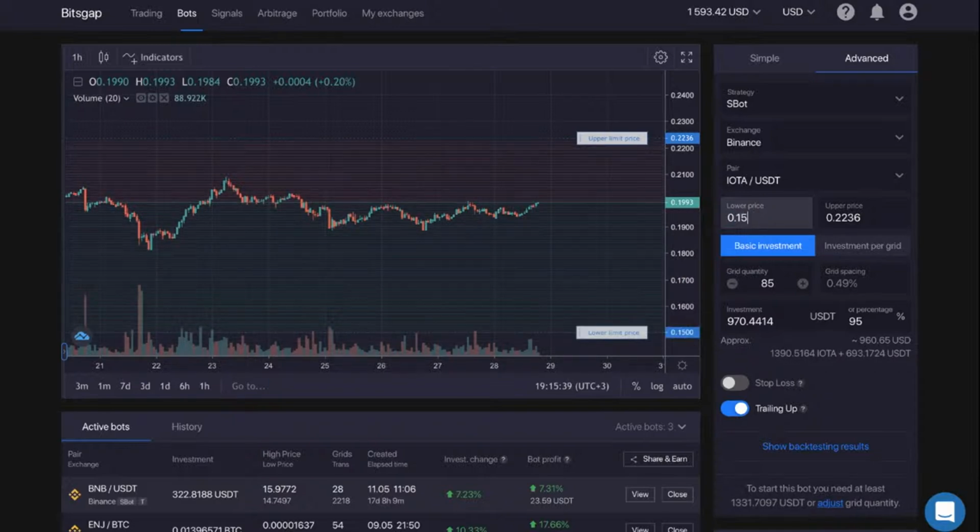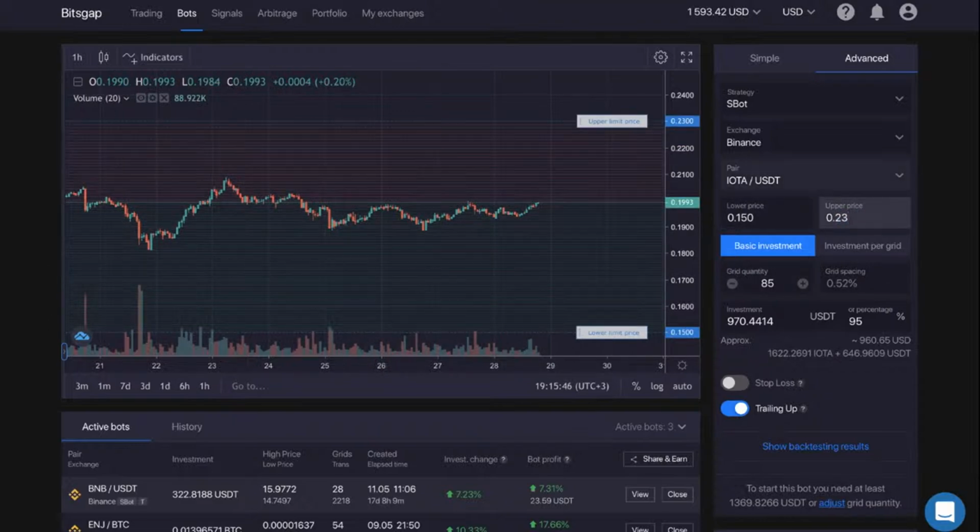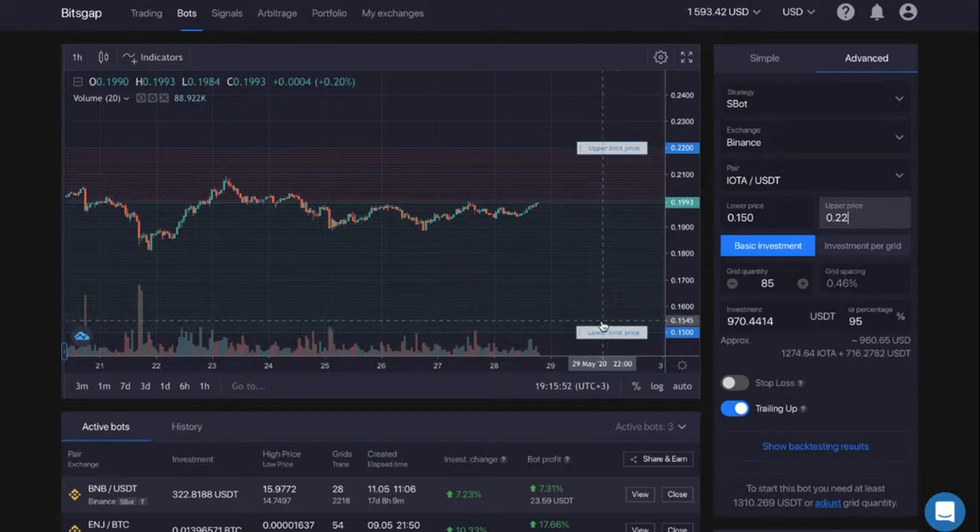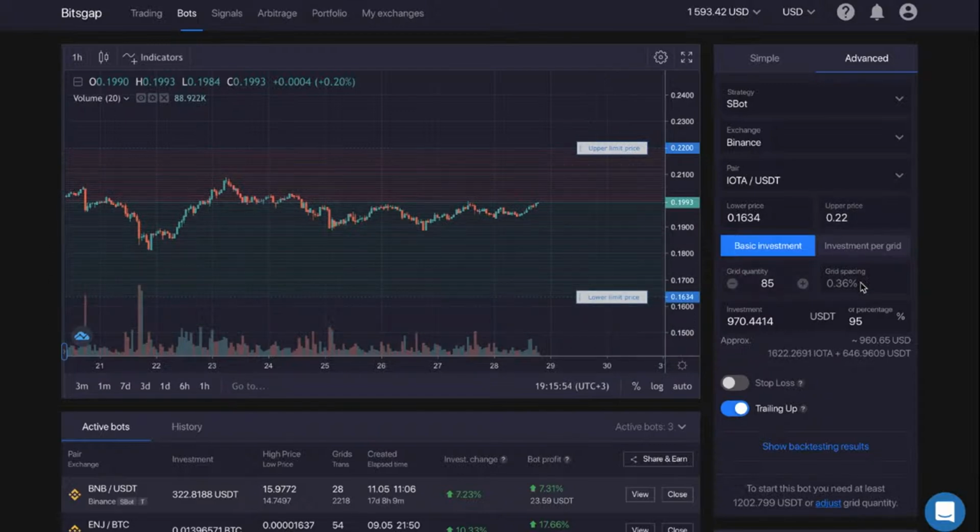All right, maybe like this, if you want to have a wider zone, and the upper price, which can be, let's say, 23. And you see that each time I adjust my trading range, my grid spacing is also adjusting.